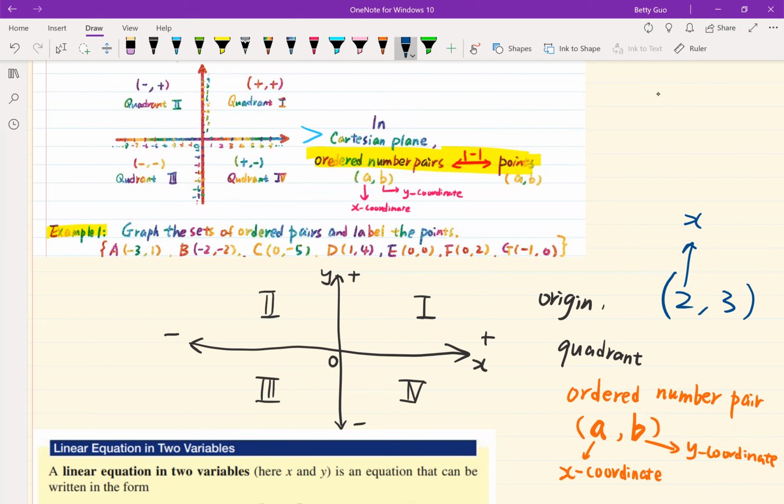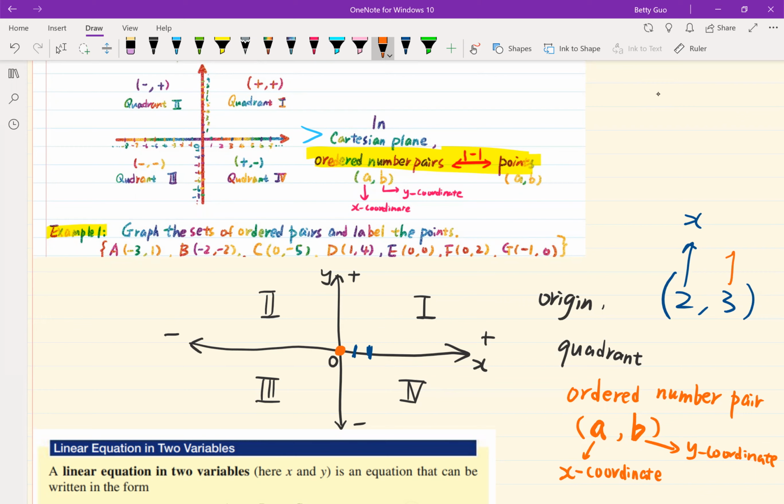It means the point is 2 units to the right of the origin. The origin here is our reference. So the point is 2 units to the right because it's positive. If it's negative, then that's to the left, right?